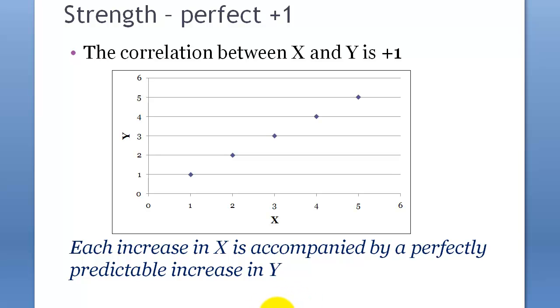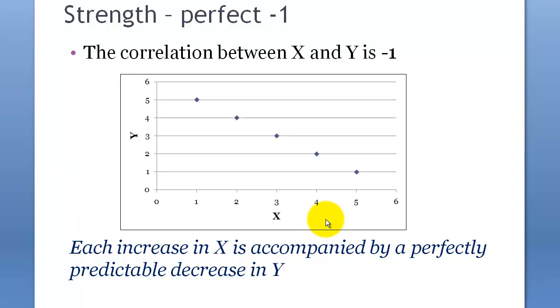The slope is increase by 1, increase by 1, increase by 1, 1. That's the max ratio-wise correlation. In the same way, perfect -1: increase 1, decrease 1, increase 1, decrease 1.